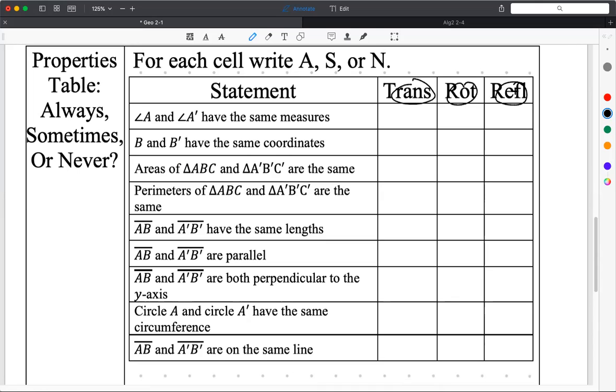We're going to make another assumption here that I forgot to write down. The assumption is you're not doing the identity transformation, which means if I'm doing a translation, I'm not translating 0 amount. No, translate at least more than 0. If I'm rotating, more than 0 degrees. That's silly. Because otherwise the answer to all of these would be sometimes, sometimes, sometimes. What if I translate by 0 degrees? Okay, those are silly. We're going to throw those out.